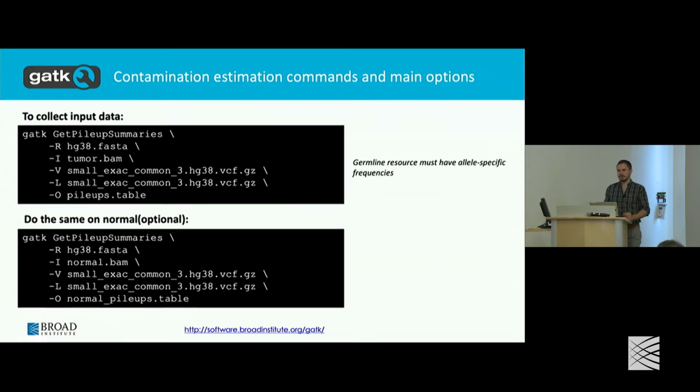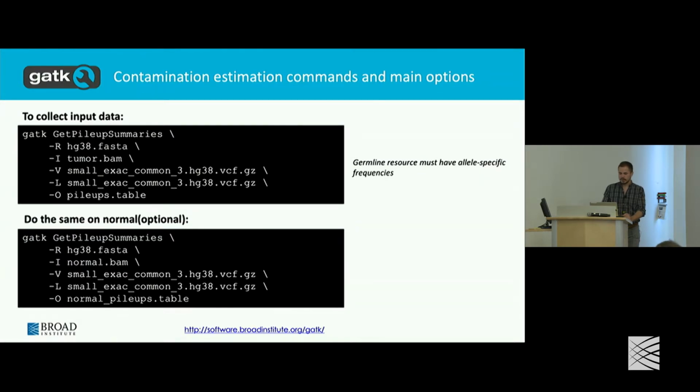So this is pre-processing for the contamination tool. We call it on a tumor and a normal. We have a smaller resource for population allele frequencies, which is in our resource bucket, and we use that in this case.